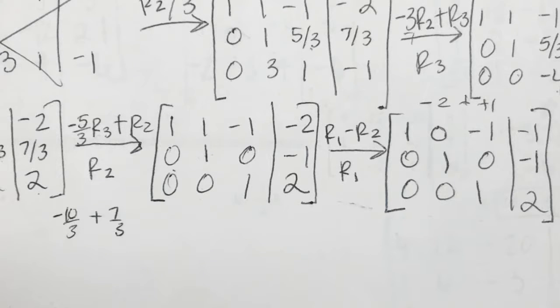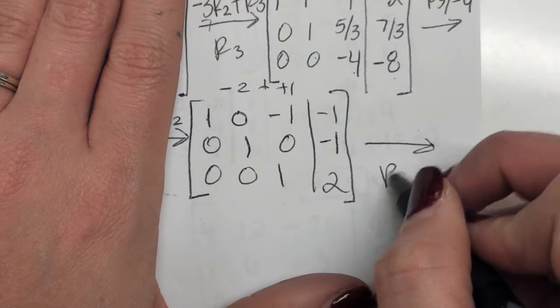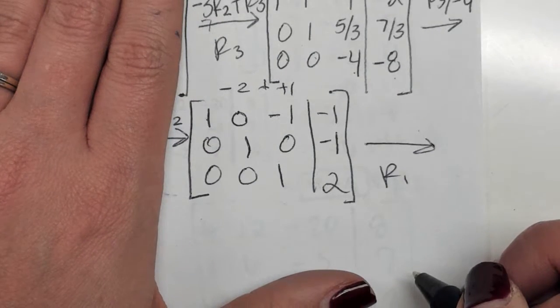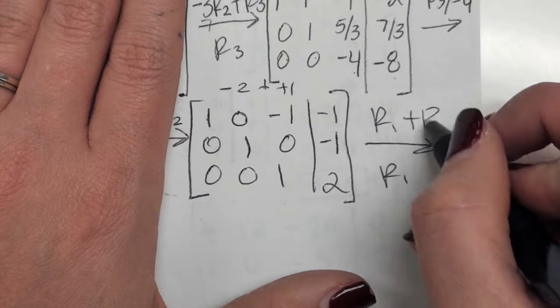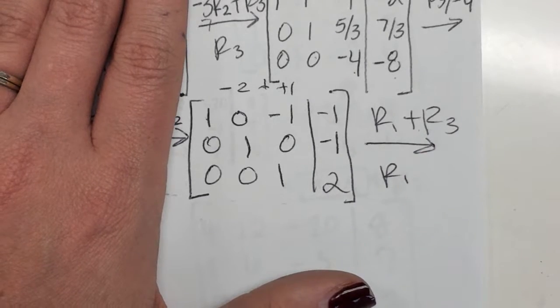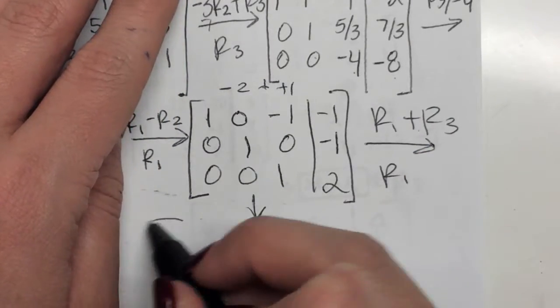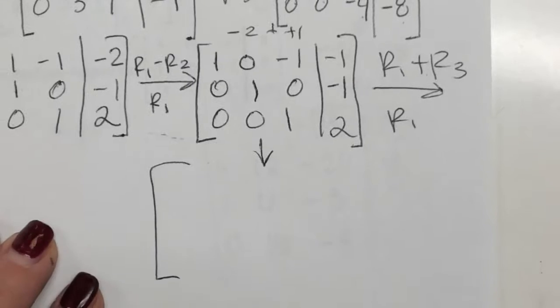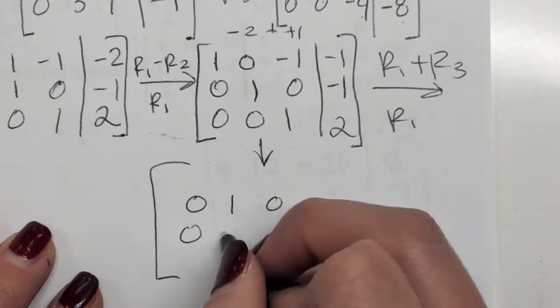What's the last thing we have to do? So how do we do that? Good. Add row 1 and row 3. Because that would cancel this out. Everybody see that? Alright. So final answer. Again, row 2 and row 3 stay the same.